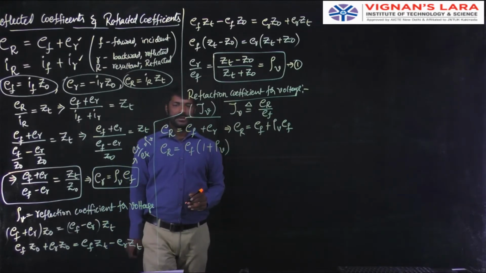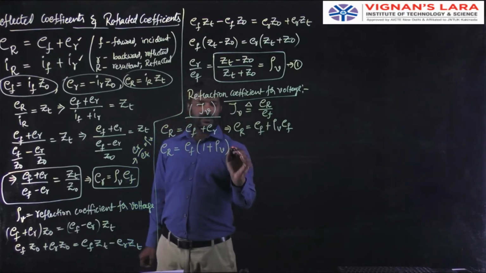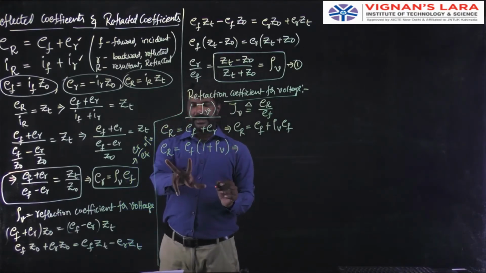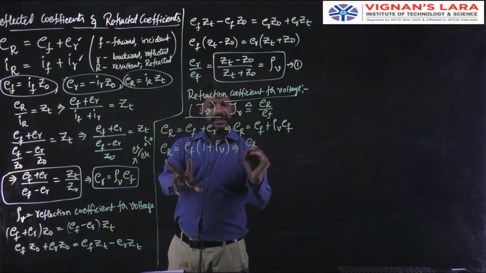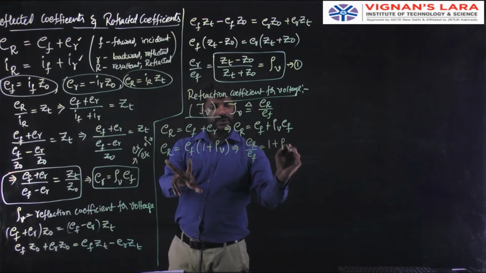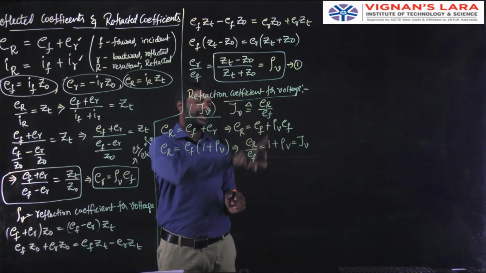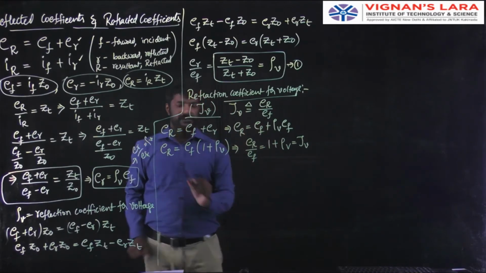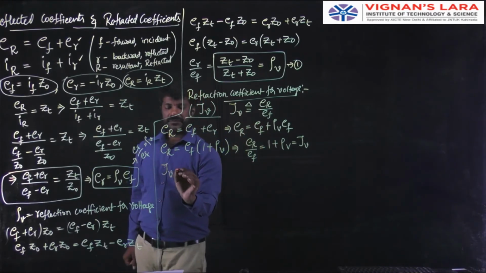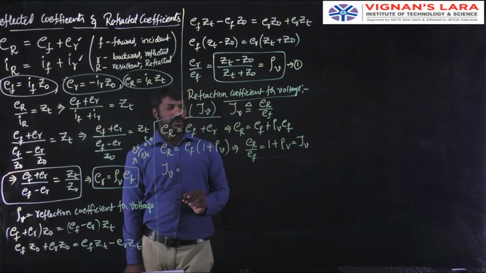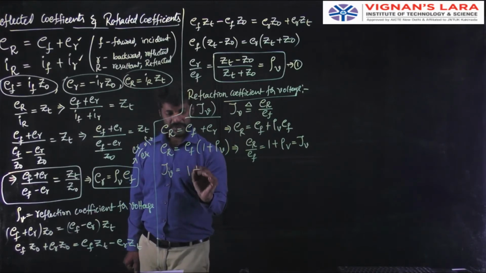Then bring this EF to this side. You will get the required ratio: E capital R by E small f is equal to 1 plus rho V, which is identified to be tau V. Yes, tau V is defined as ER by EF. Finally, the transmission coefficient of the voltage, tau V, is equal to 1 plus rho V. What is the 1 plus rho V value?